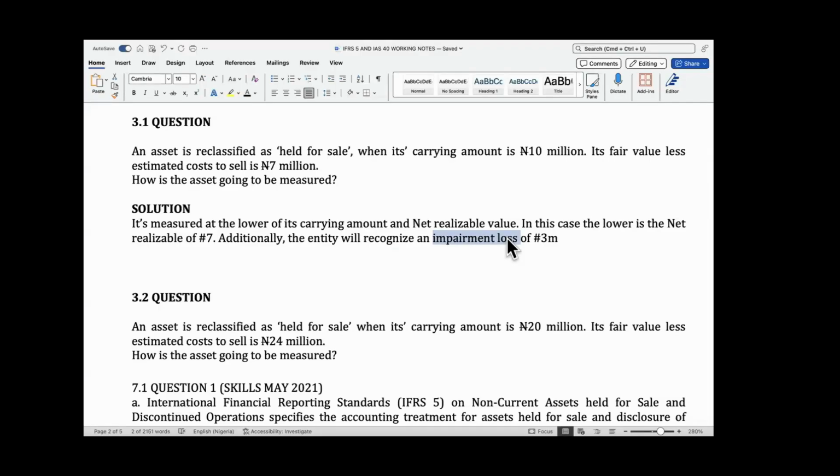The only reason we are having an impairment loss when the fair value less cost to sell is lower is that at that point you need to change this 10 million to 7 million. You need to reduce the value of your asset. That's an impairment loss. That's the only scenario where impairment loss will arise.